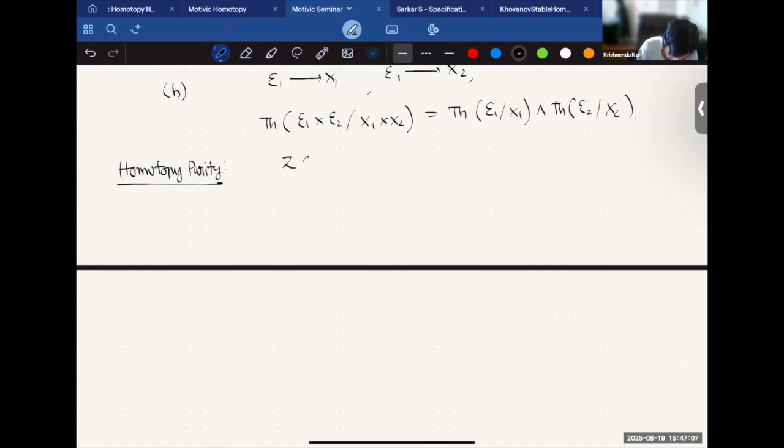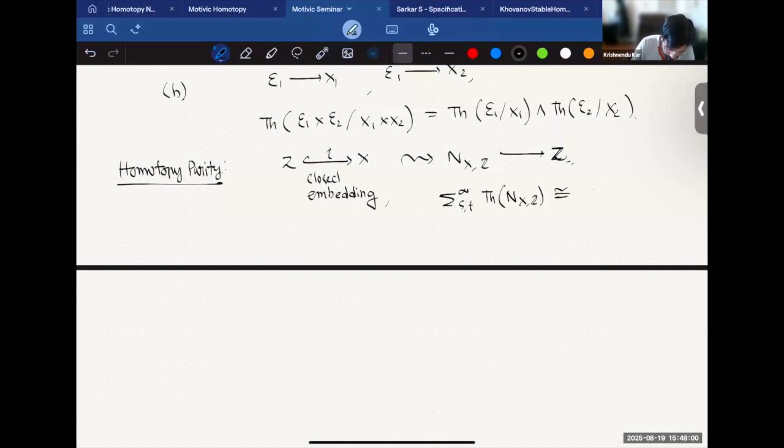Suppose we have a closed embedding i from Z to X, and let's talk about the normal vector bundle with respect to this closed embedding, the normal bundle of Z. Then we have the canonical isomorphism between the Thom space of the normal bundle and X modulo X minus Z.